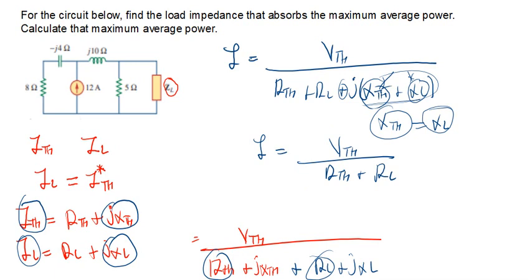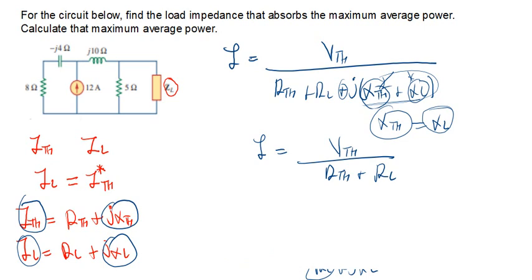So how do we come up with the formula where P max is equal to, let me write it somewhere on top here, P max equal to the absolute value of V Thevenin squared divided by 8 multiplied by R Thevenin?